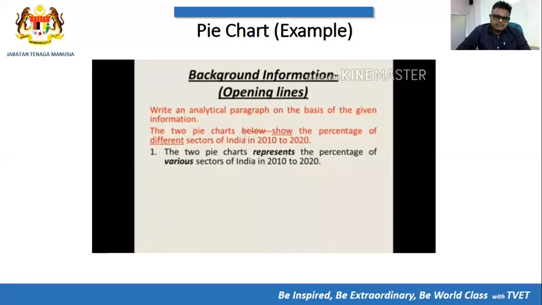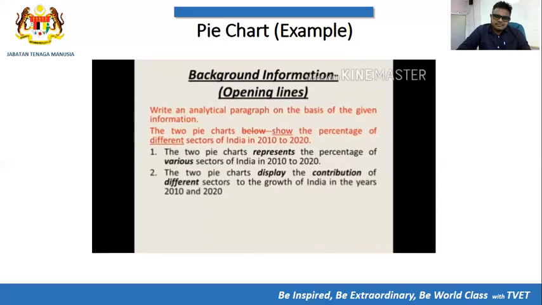So we need to change few words and we need to write the opening line, like how we have done in the above sentence. That is, we have changed the words show and we have written represent. The same way we have also changed the word different and we have written various.